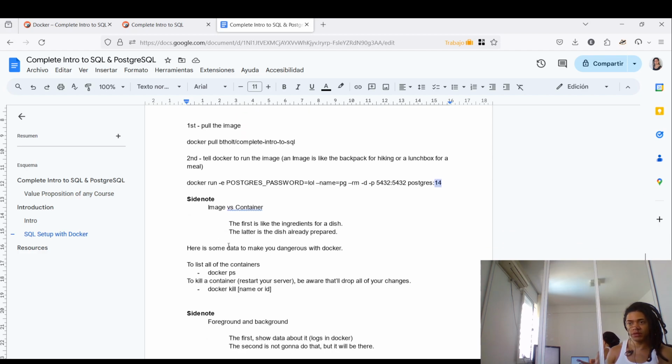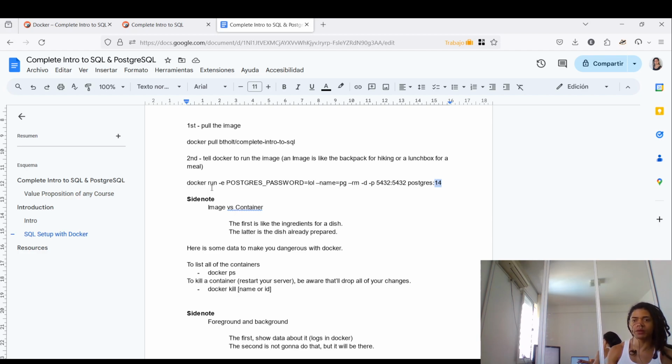As I mentioned before, there are a couple of things going on behind the scenes, because this command will be run in the background. We already know the difference between the image and the container. The image is the recipe of your ingredients.